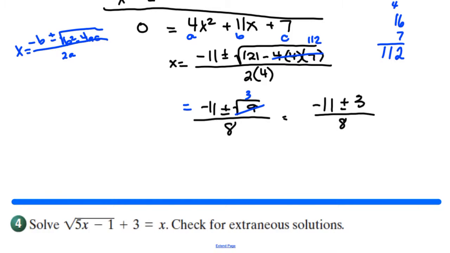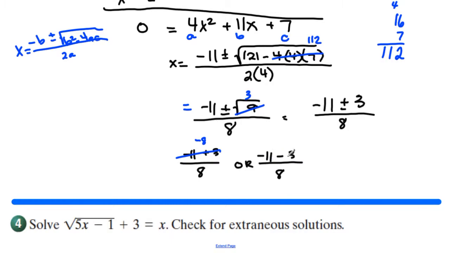Negative 11 plus 3, because we're going to have two separate answers because it's plus or minus. So we have negative 11 plus 3 over 8, or we have negative 11 minus 3 over 8. Negative 11 plus 3 is negative 8.